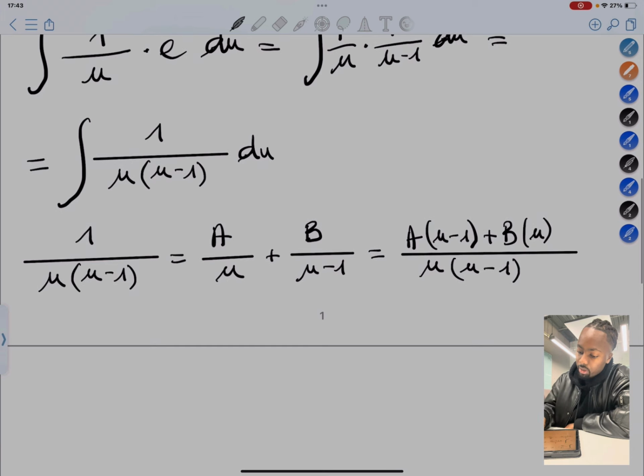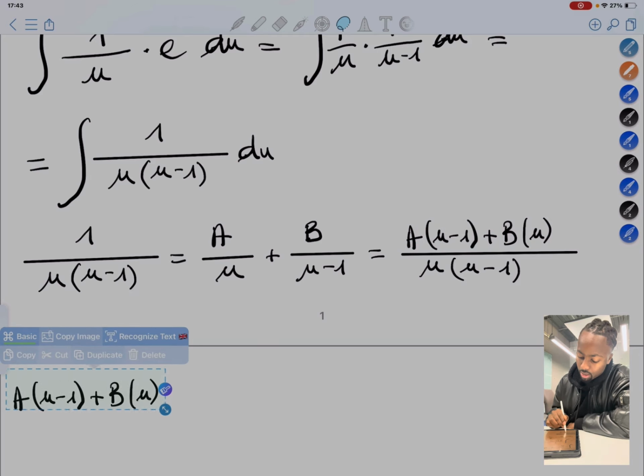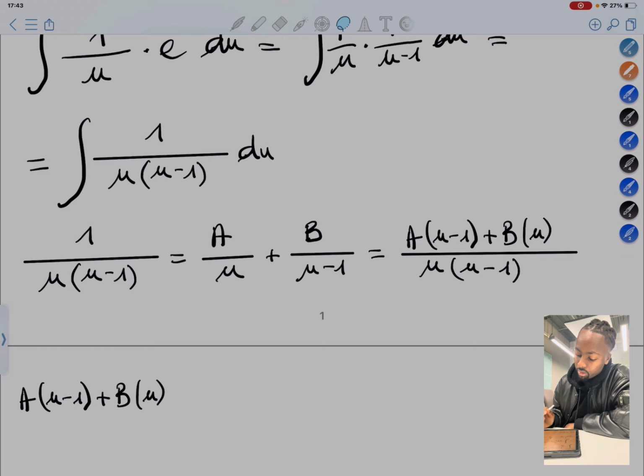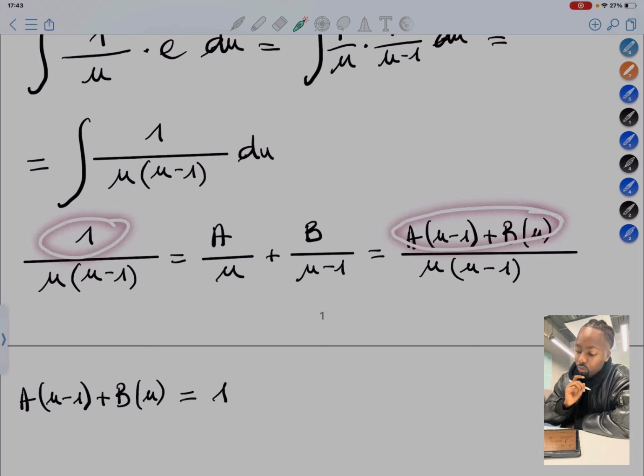So then we can copy the denominator, and this denominator should be equal to the denominator of the original fraction, and we can copy the numerator, and this numerator should be equal to 1.